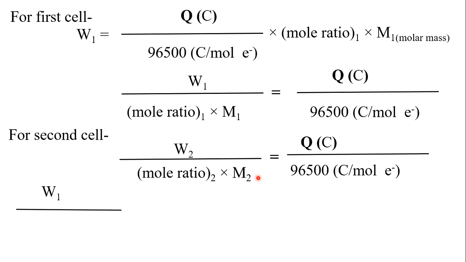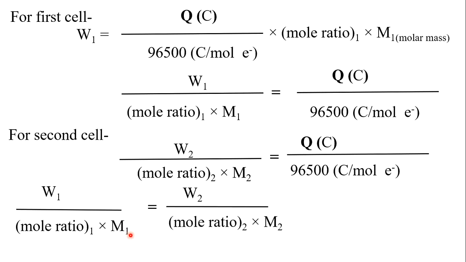Therefore, W1 divided by mole ratio of the first cell into molar mass of the first substance is equal to W2 divided by mole ratio of the second cell into molar mass of the substance deposited in the second cell.